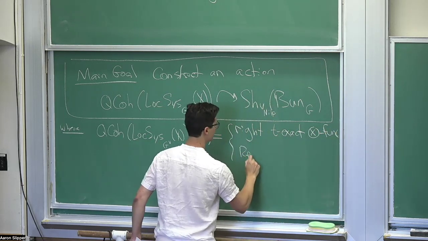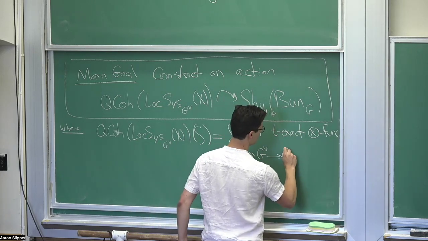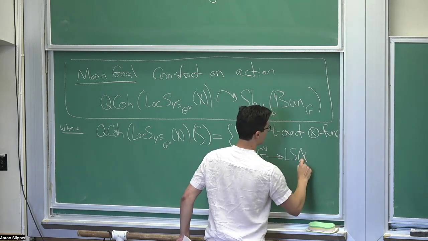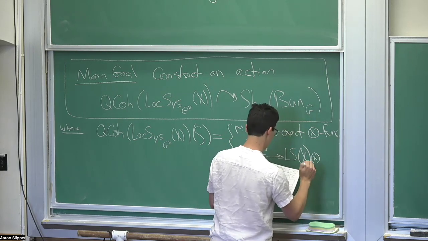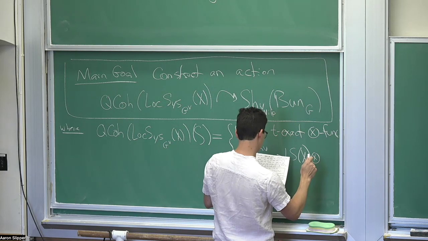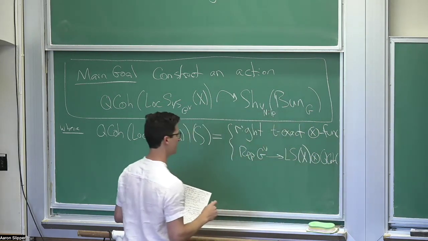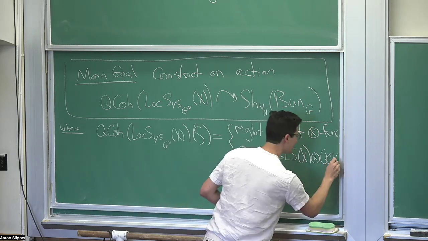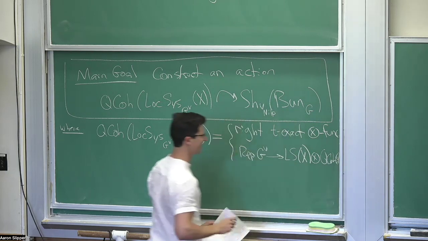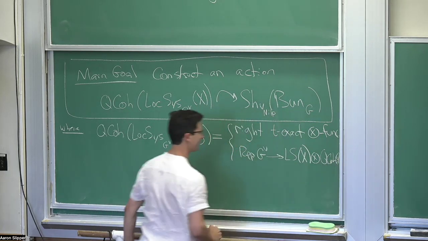from Rep G check into local systems on X tensor QCoh of S. Okay, this is an S, I apologize.